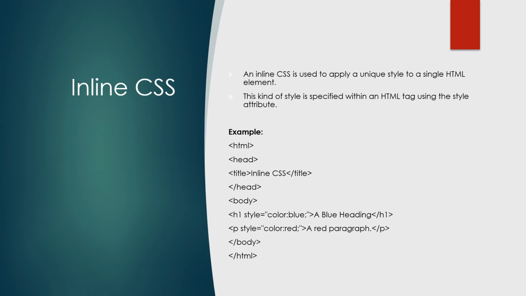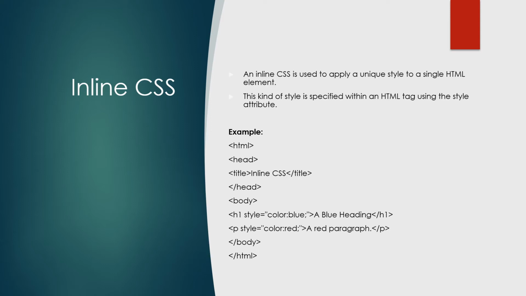Let us see with an example. Here we are using the style attribute within h1 and also p tags. Within the h1 tag we are using the CSS property color and its value is set to blue.